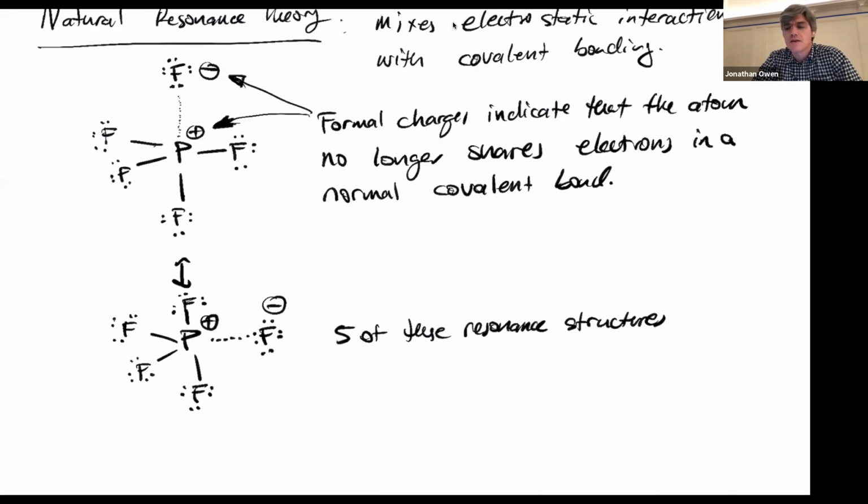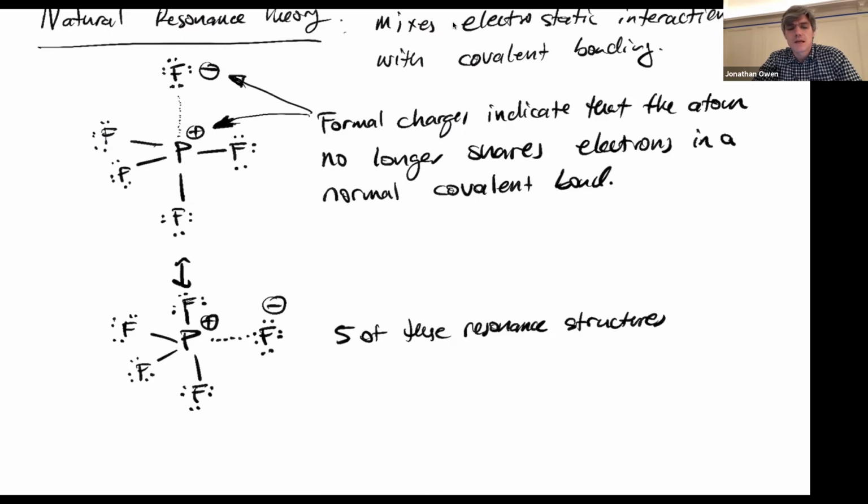The first thing here is that the shape of the molecule is not being depicted in these drawings. It does look like that, and I should have drawn it more carefully to not make it look like a trigonal bipyramid or a square pyramid or whatever. These kinds of resonance theory drawings are supposed to be shape agnostic.